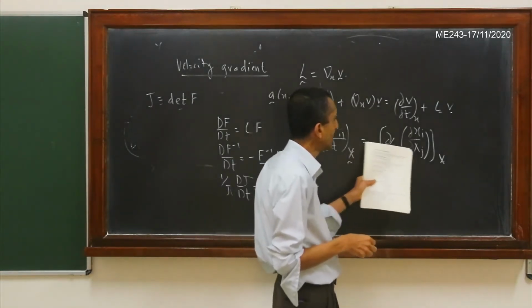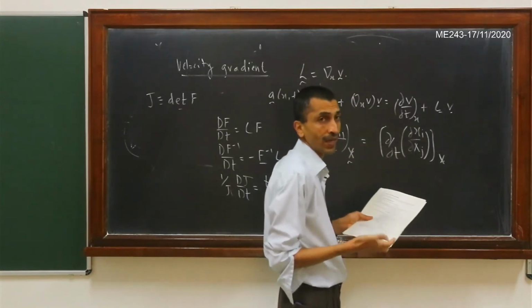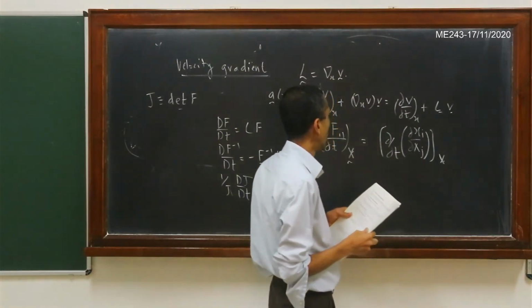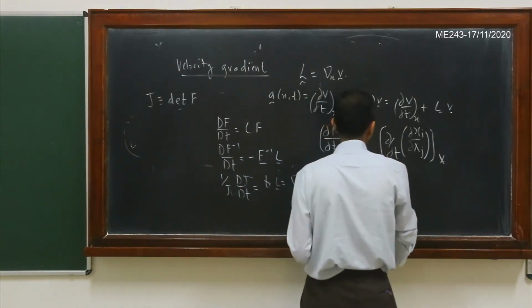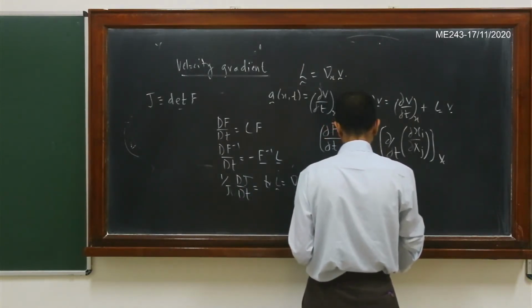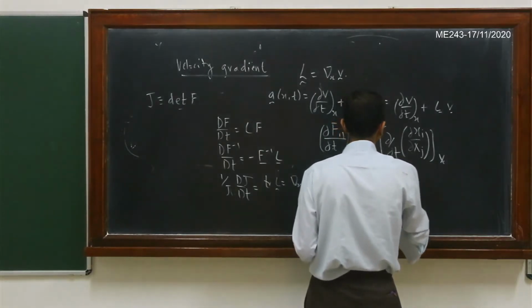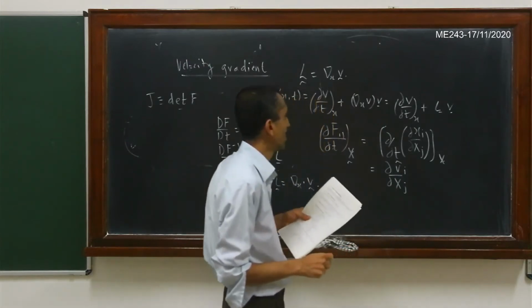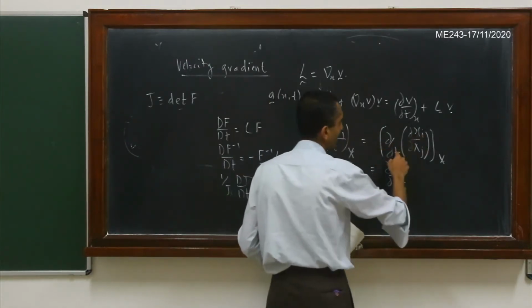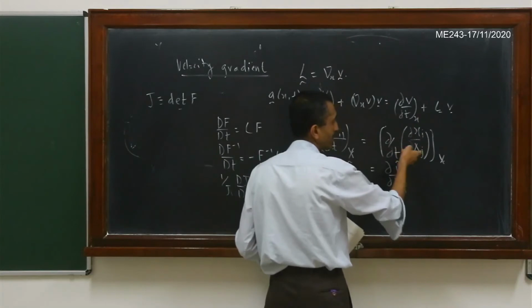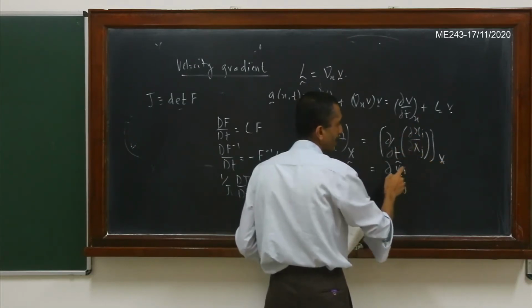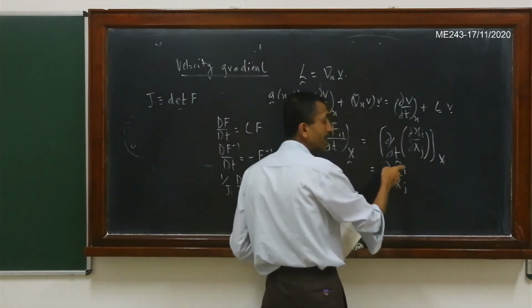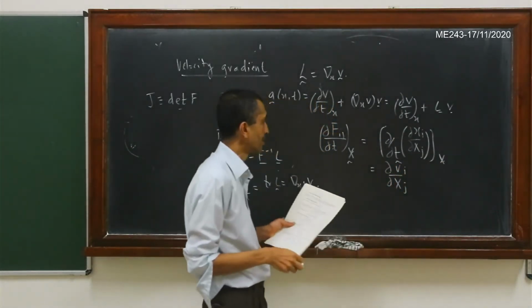Now t and capital X are independent variables, so I can interchange the order of differentiation, and what I will get is del v tilde i by del xj. That is because del chi i by del t, after I interchange the order of differentiation, keeping capital X fixed, is your vi tilde. That is the Lagrangian description of the velocity vector.